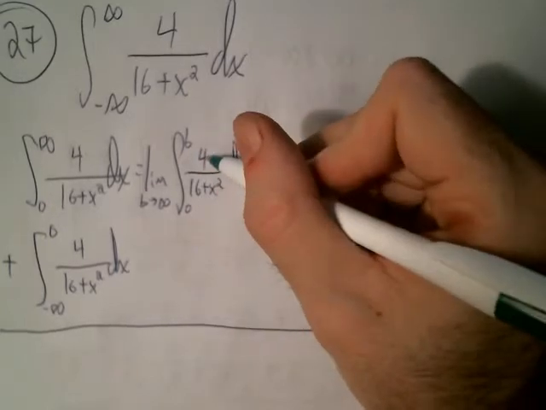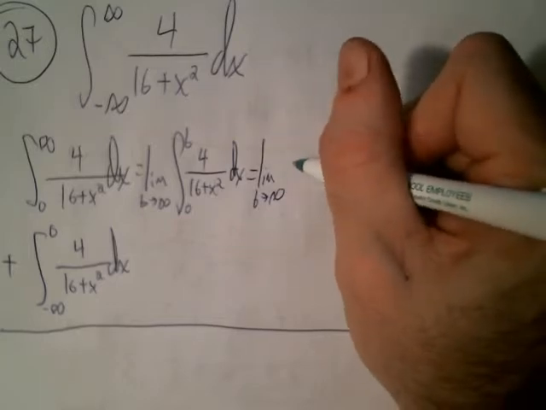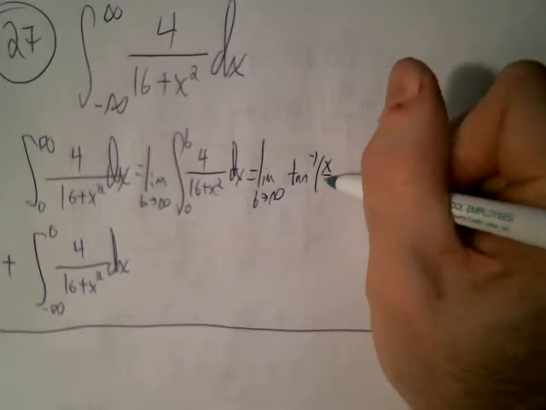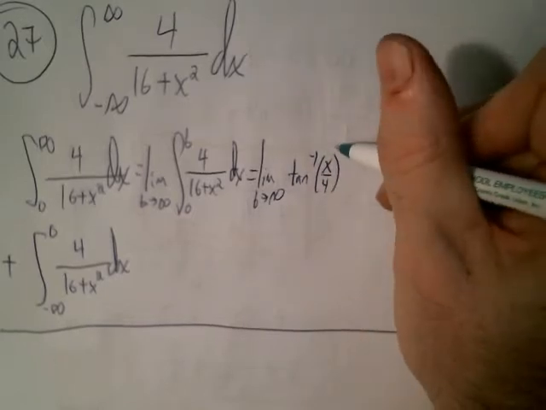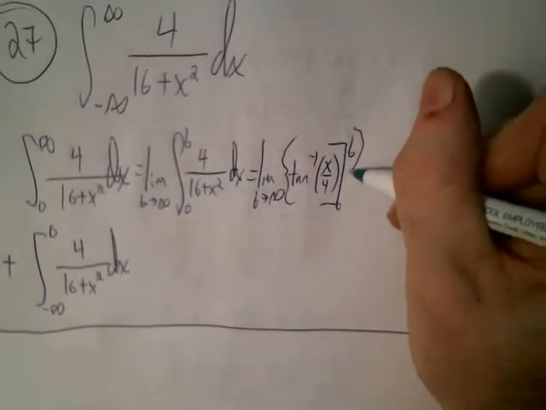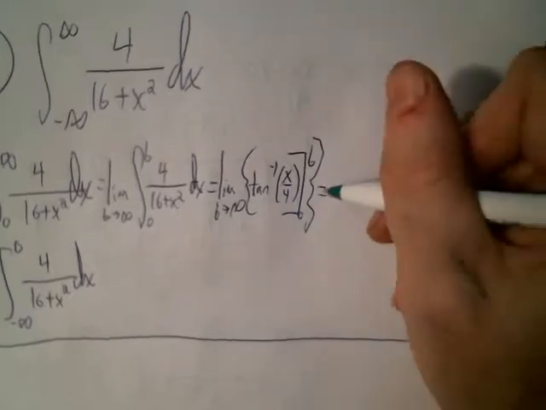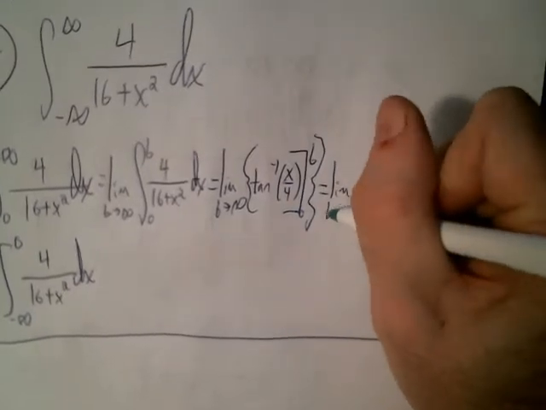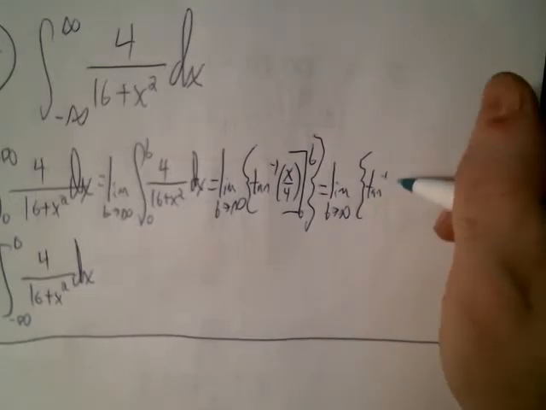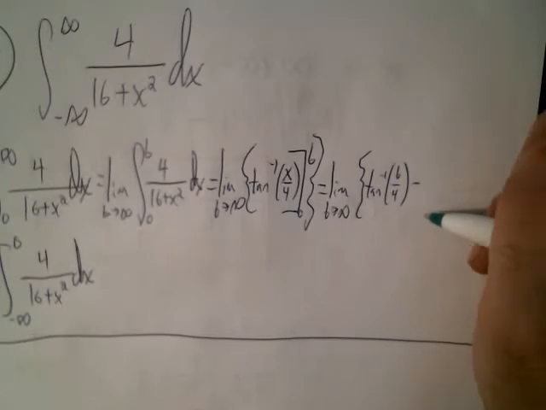I'll factor out this 4, and I'll get 4 times 1 over 4, which is just 1, times tan inverse of x over 4. And then I need to evaluate that from 0 to b. So that will become the limit as b goes to infinity of tan inverse of b over 4 minus tan inverse of 0.